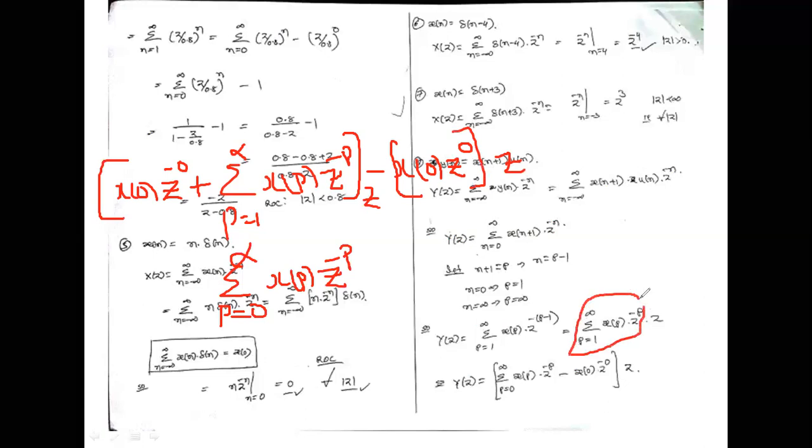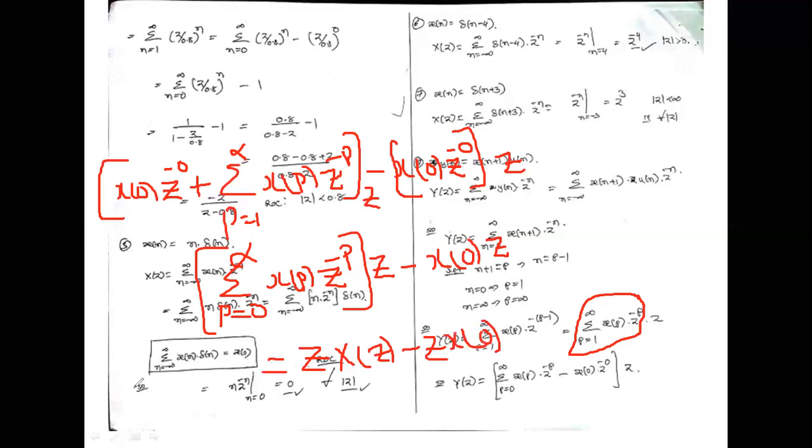I take only this function and rewrite the limits p equal to 1 to infinity as 0 to infinity by adding and subtracting x of 0 z power minus 0. Okay, the total function is multiplied with z, minus x of 0. Anything power 0 is 1, so x of 0 into z. So according to the unilateral z transformation, whose definition is from 0 to infinity only, the total function is z into x of z minus z into x of 0.